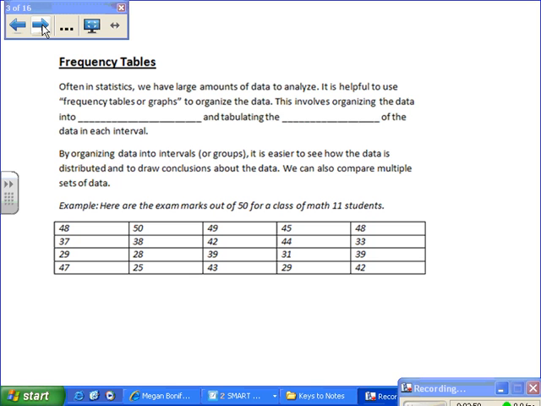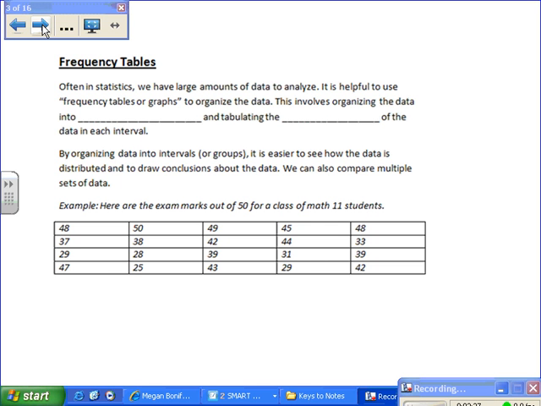When you have a lot of data to analyze, it's really difficult to look at it all in a table, and it's helpful to start to group things together. So it's helpful to take data values that are similar or within a close range and group them into intervals, and then talk about the frequency of those groups rather than individual data values if I have a lot of data to look at.